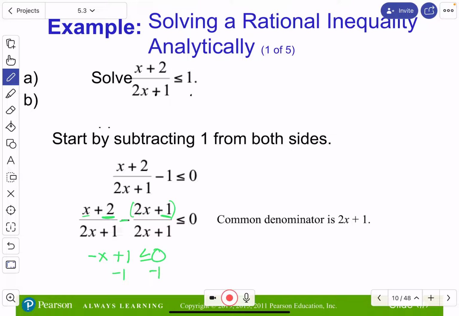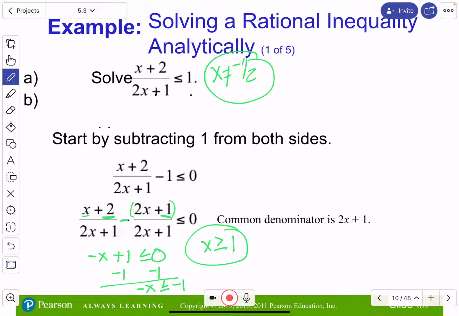So if we subtract 1 from both sides, we get -x is less than or equal to -1. Divide both sides by -1, which flips our inequality. We get x is greater than or equal to 1. We know x cannot be -1/2. This is the same as the first problem we did.